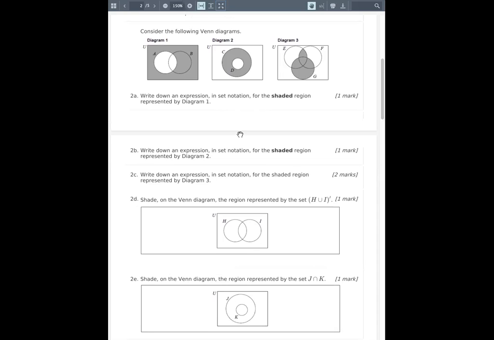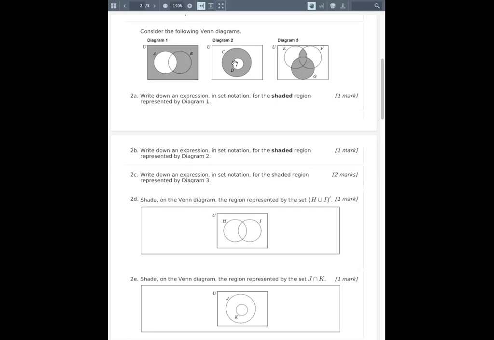Okay, next. 2B. Write down an expression in set notation for the shaded region represented by diagram 2. So this would be C intersection D prime. Intersection means something that two of them share.